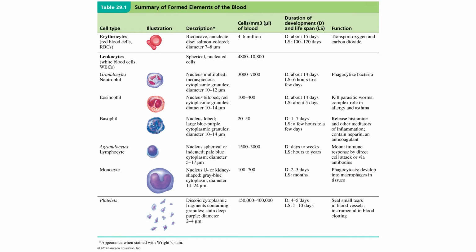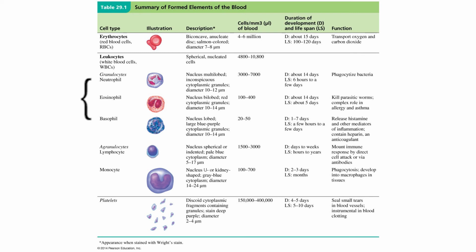All right, this is kind of a summary of the functions of the white blood cells. Notice that the top 3 of the granulocytes are the neutrophil, the eosinophil, and basophil. And notice the numbers that they are supposed to have. And then to the extreme right, you notice what the function of these cells are.